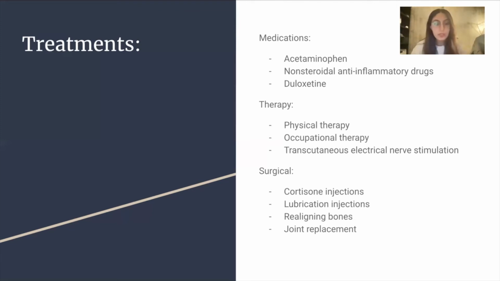Relining bones. If osteoarthritis has damaged one side of the knee more than the other, an osteotomy might be helpful. In a knee osteotomy, a surgeon cuts across a bone either above or below the knee and then removes or adds wedges of bone. This shifts the body weight away from the worn out parts of the knee. There is also joint replacement.